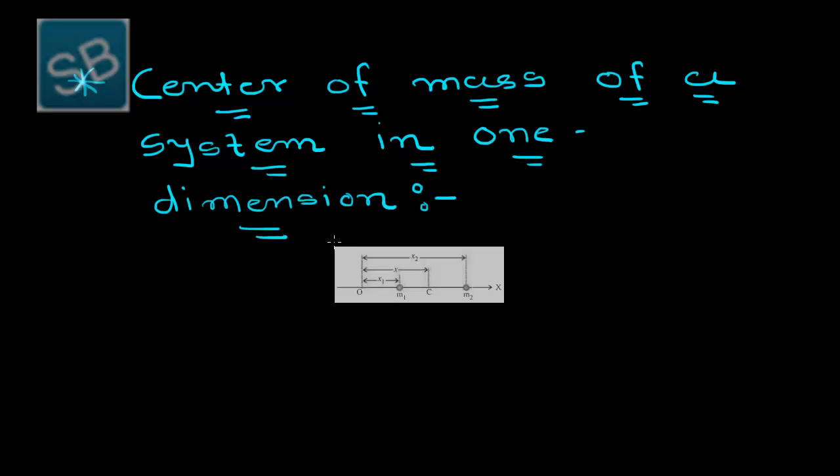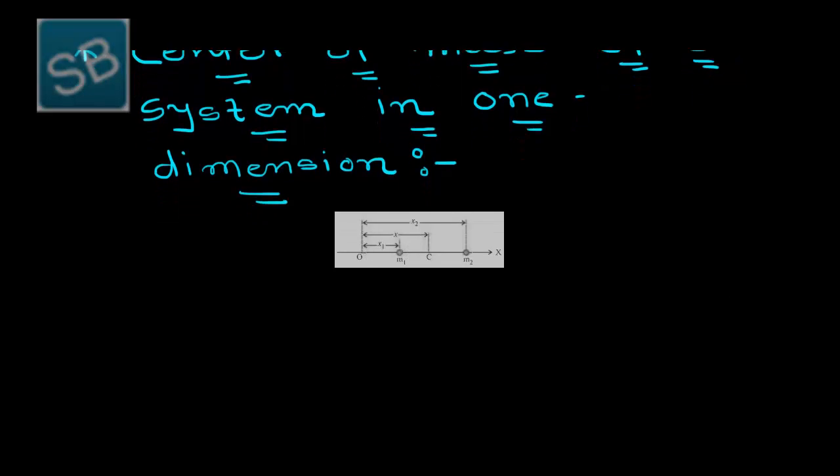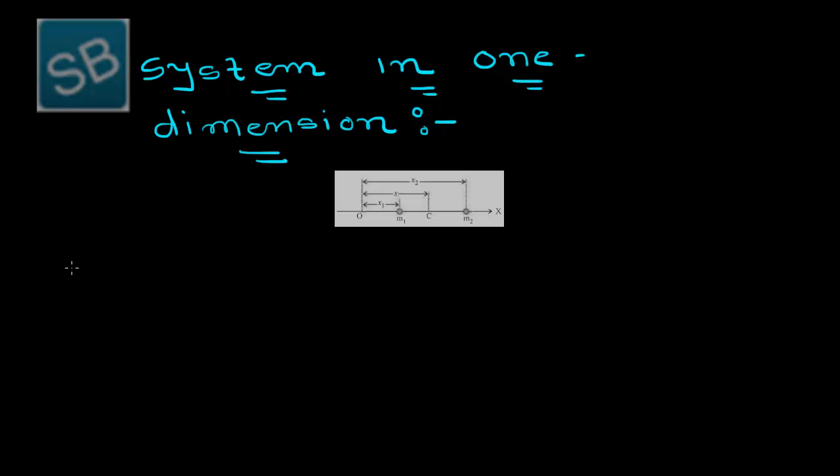Here I have given you the figure of one dimension. I have written only the x-axis, in the positive direction. This O is the origin, and with respect to O, I have considered a system of particles with two particles of different masses.